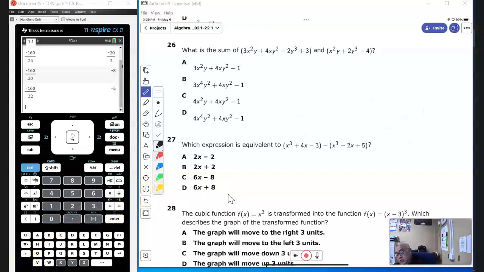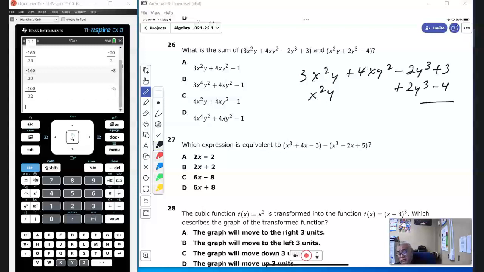26, what is the sum? And we have 3x squared y plus 4xy squared minus 3, minus 2y cubed plus 3, and I recommend writing it vertically. So we have x squared y, so you have x squared y plus 2y cubed, and then you have minus 4, and then just combine like terms.